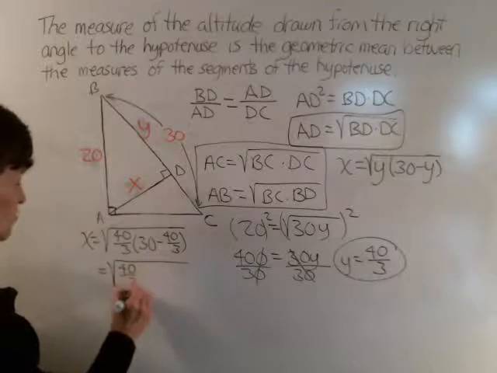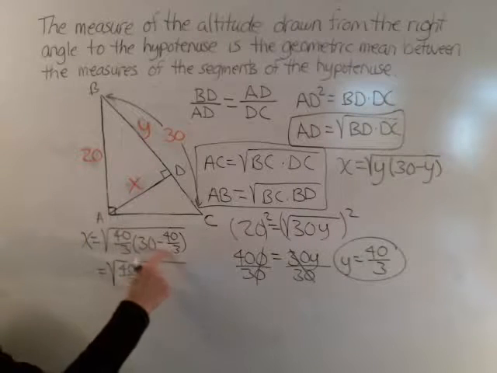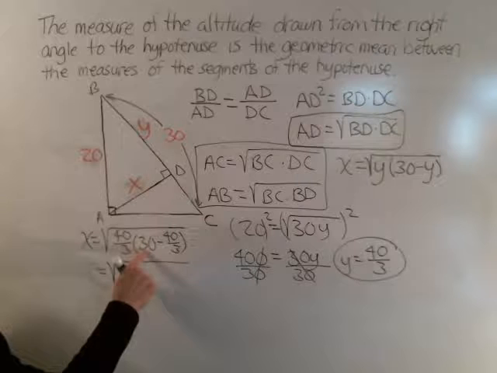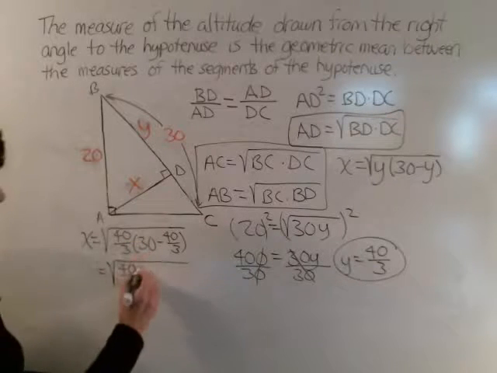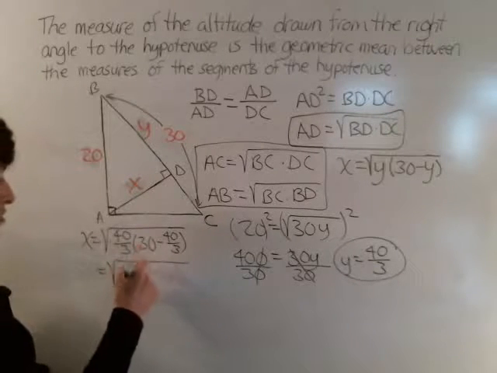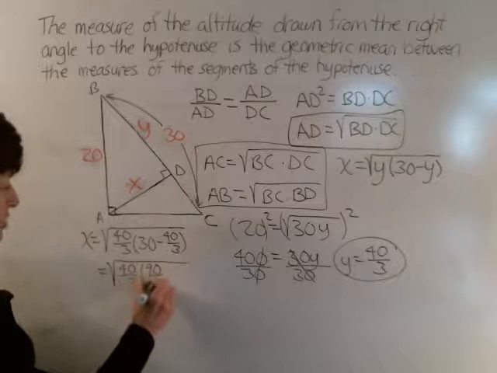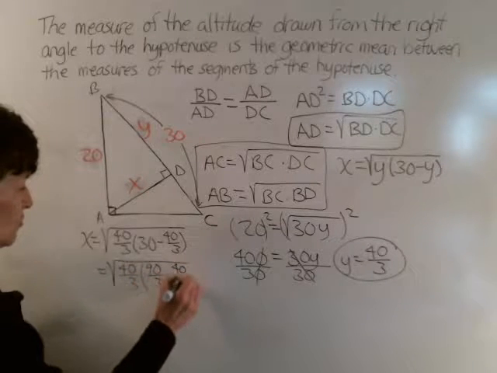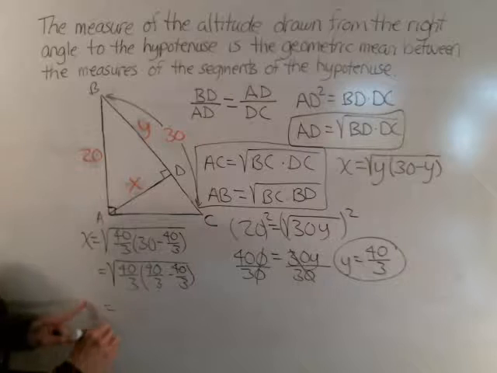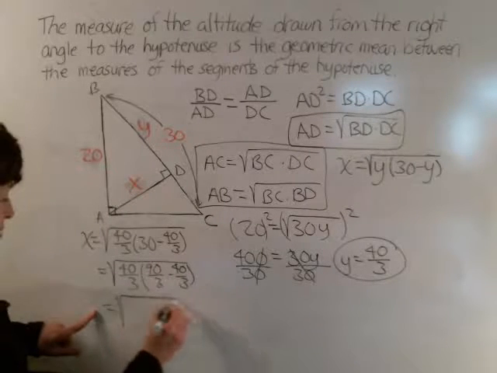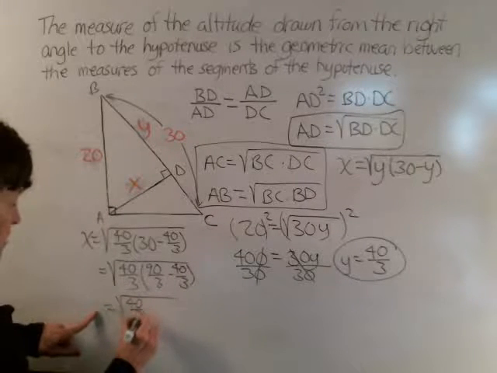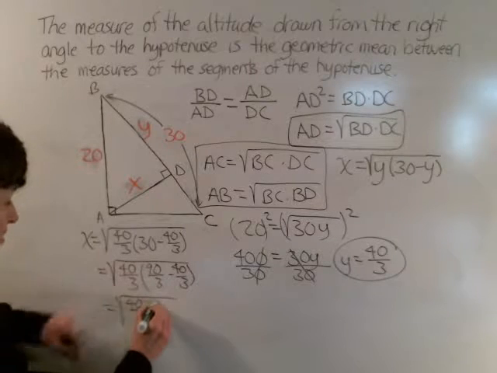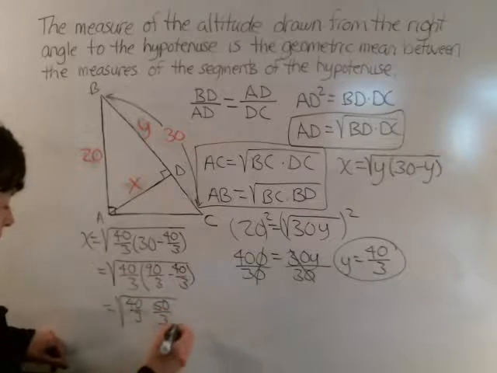Now, I need a common denominator here to subtract these, so I have to put this number over 3, which means I have to multiply it by 3. So this is going to be 30 times 3, which is 90, over 3 minus 40 over 3. So now I have the square root of 40 over 3 times 50 over 3.